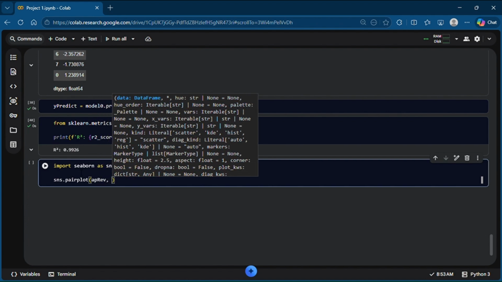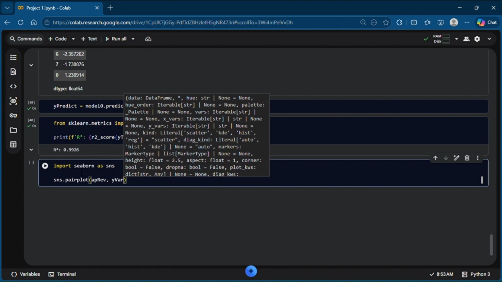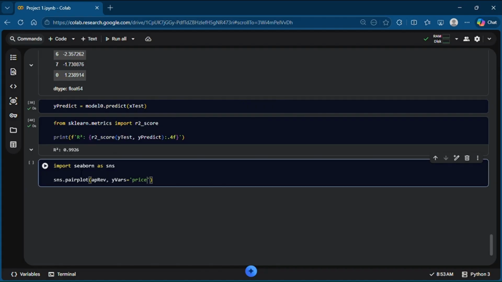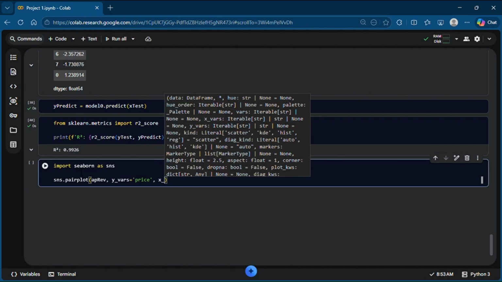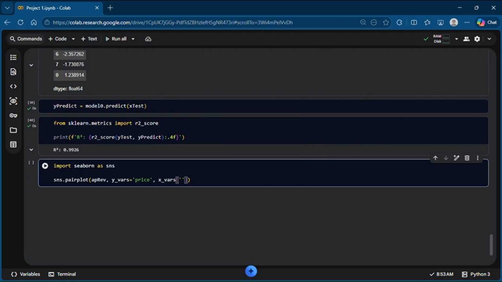First you need to put the data, and after that the y_vars. The y_vars will be the price, and the x_vars will be total area m squared, area m squared, parking spaces, and neighborhood index.